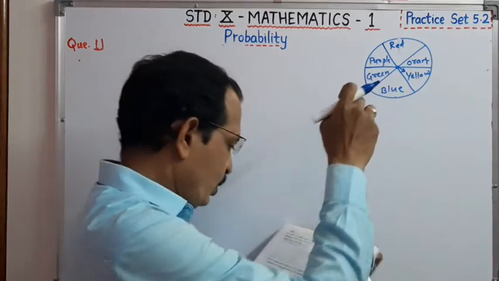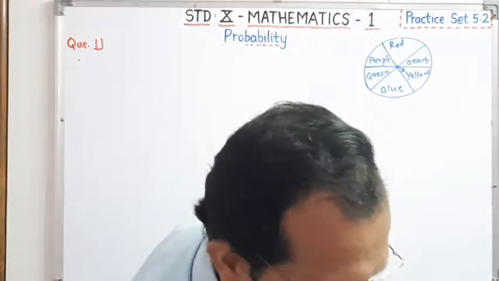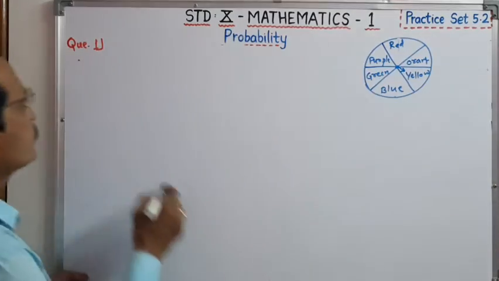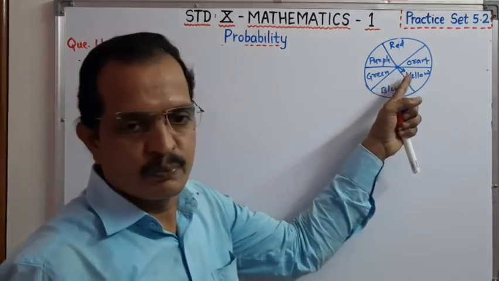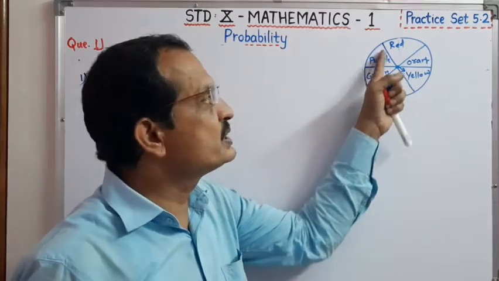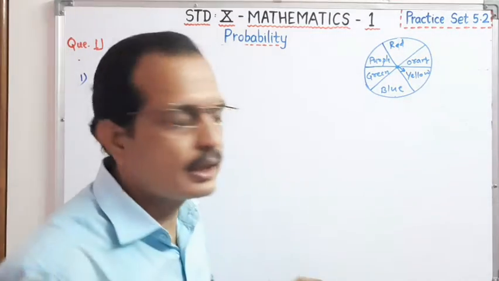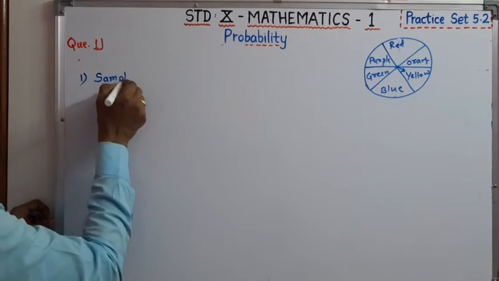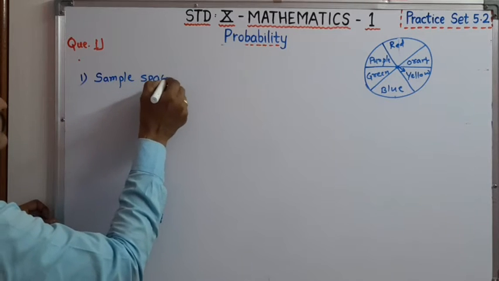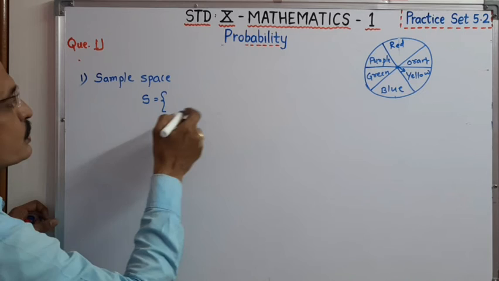This arrow stops on which color? That we have to find out, the sample space. For this, dear students, see here, this arrow may stop on any one of these colors. Therefore, all these colors are our sample space. Therefore, we can write sample space S is equal to, all these colors we have to write.